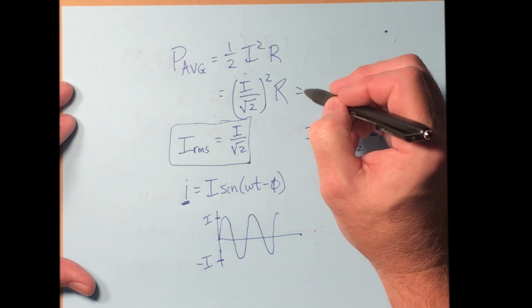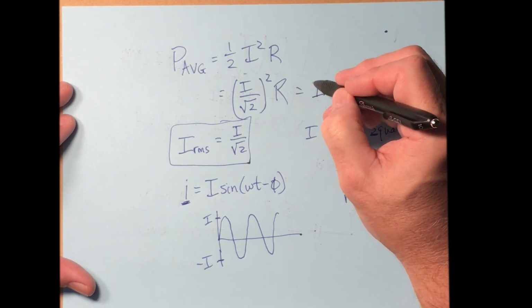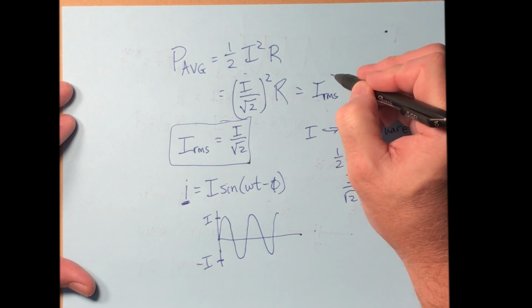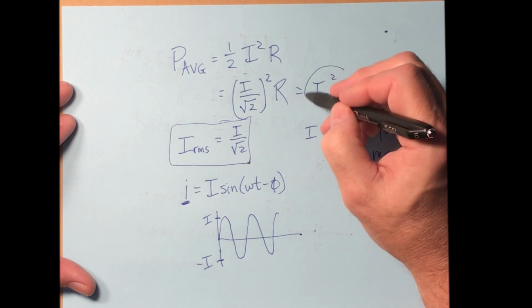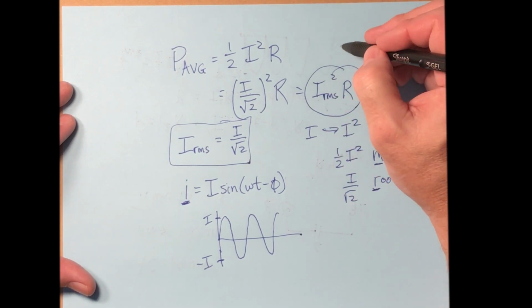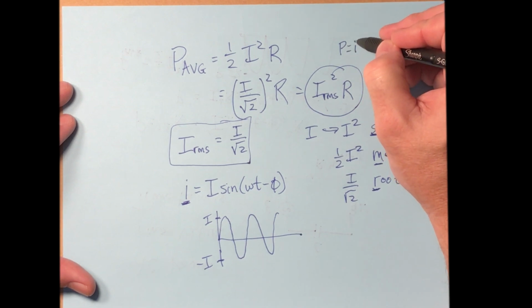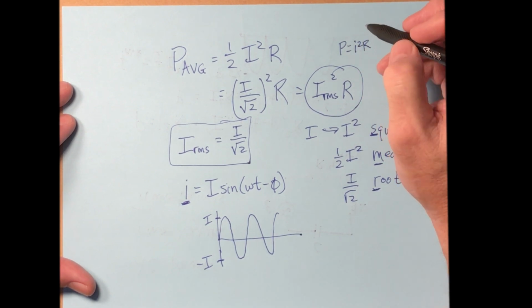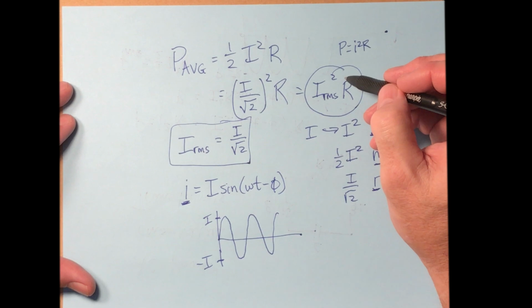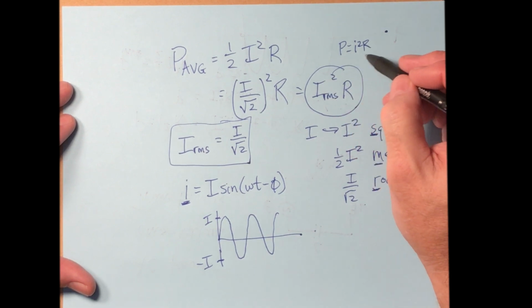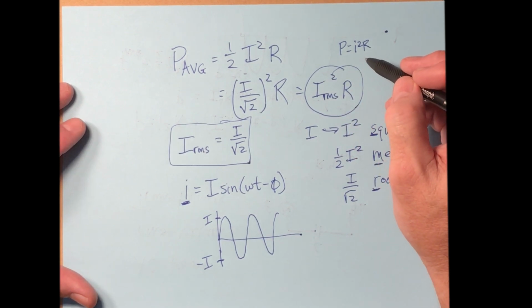Notice the power equation now becomes I RMS squared R. And that's a form of the power equation that you're used to: P equals I squared R. So if you use RMS values, then you can stick with the old faithful equations that you know.